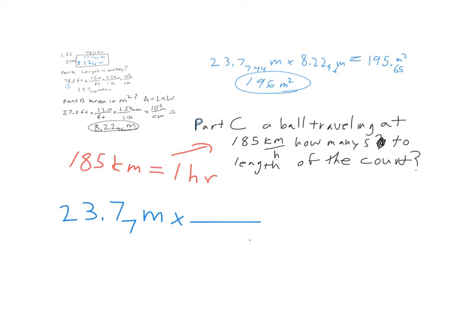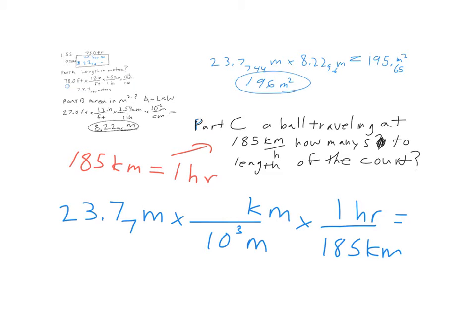I have units of meters. I want them to cancel out. If I go to kilometers, it gives me something that I can use, because once I have kilometers, I can get rid of them, and I can go to hours, because I know that 185 kilometers is equivalent to 1 hour. So I multiply everything on top and divide through by everything on the bottom.